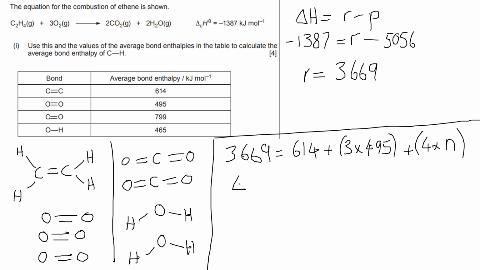And therefore 4 lots of N must equal 1,570, and therefore N must equal 392.5.